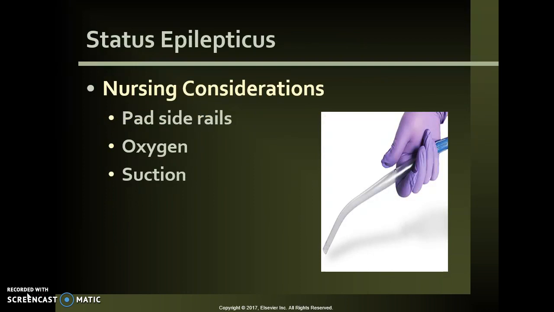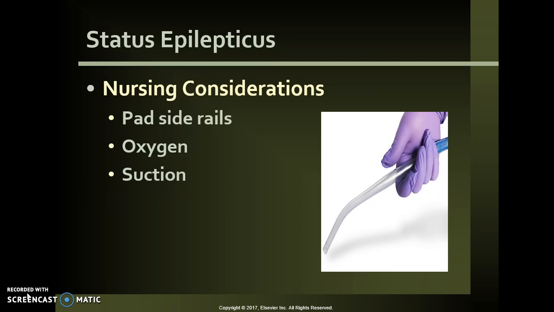Some of the nursing considerations for any kind of seizure. I mean, this says status epilepticus, but any time you have a patient who has a chance of seizing, or he's got a history of seizures, or he's got some type of condition that may precipitate a seizure, there are some nursing considerations. For one thing, we want to pad the side rails.